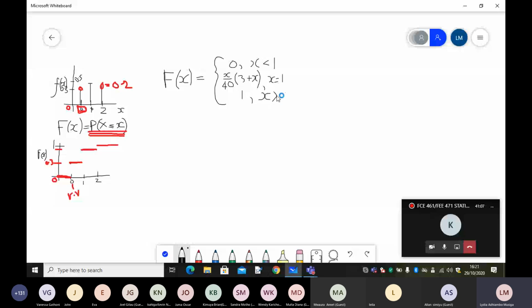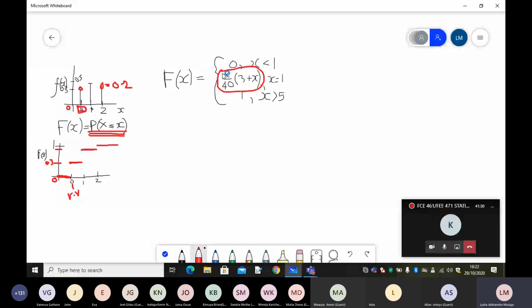So I think this is the part the student had captured on the screenshot, and I just wanted to clarify that. And this is the portion which I had circled in red. That is how we write our cumulative distribution function.